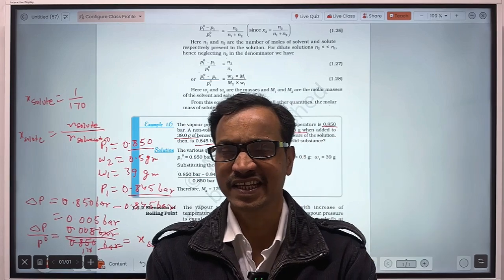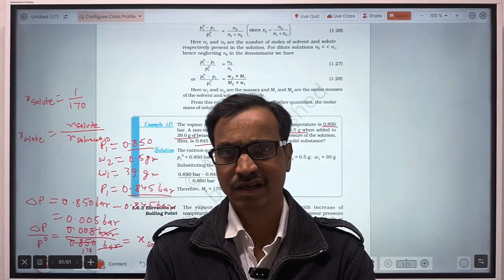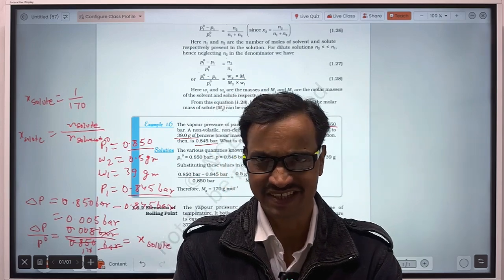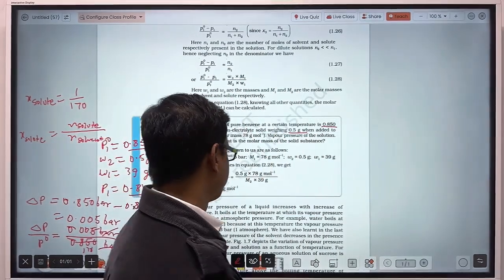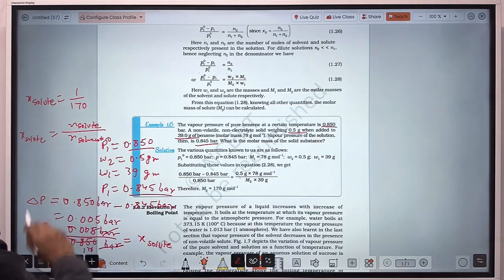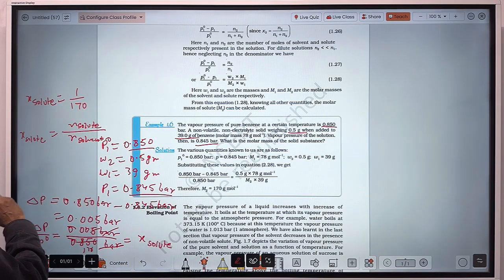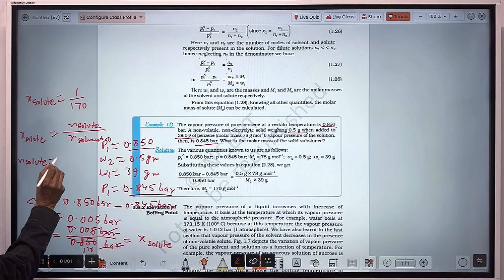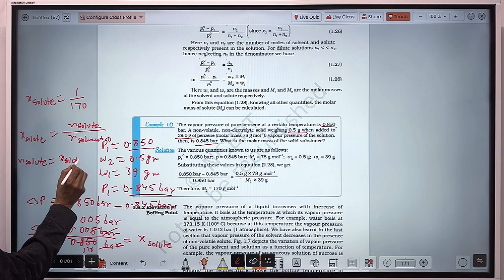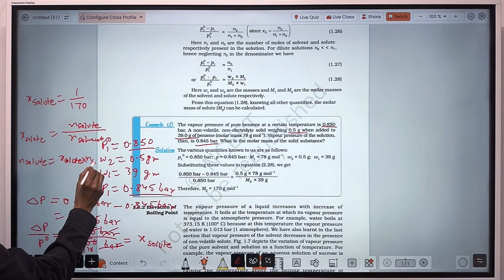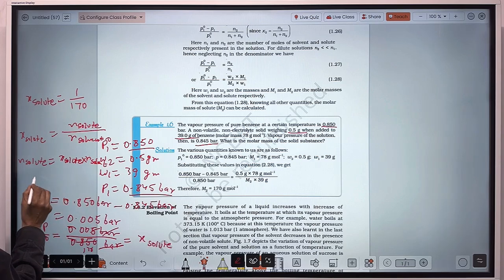The number of moles of solute in a particular solvent will be very less, so in the denominator N1 and N2 can be ignored. So now the number of moles of solute will be equal to the mole fraction of solute into the number of moles of solvent.